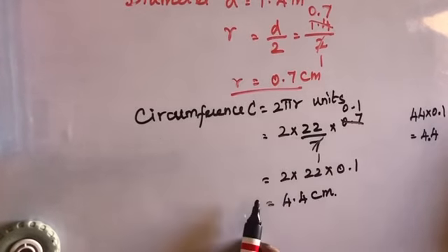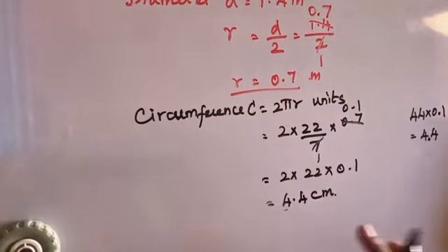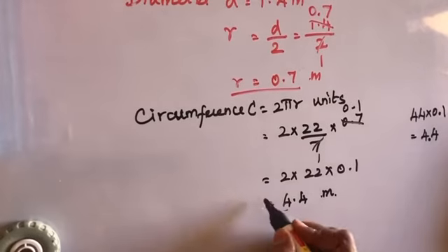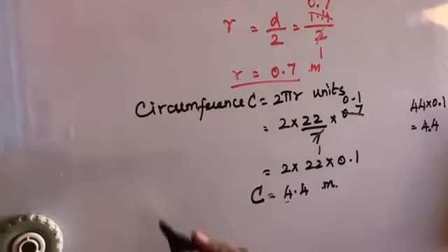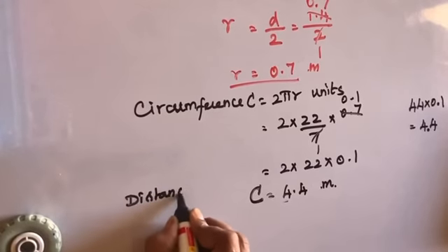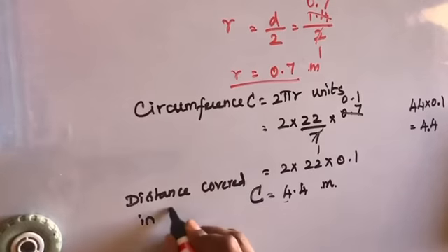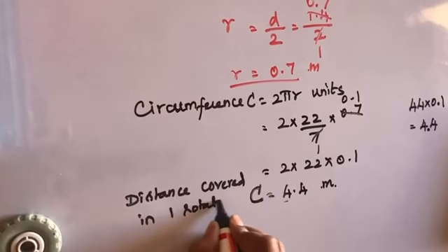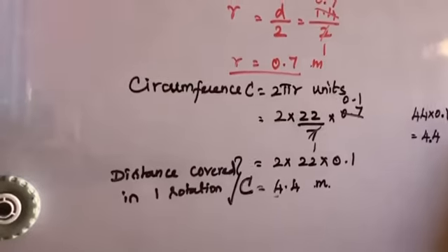And this is the distance covered in not centimeters, yes, meter, it is meter. Okay, so with this, C is the distance covered in one rotation. Now we have to find the distance covered in 150 rotations.